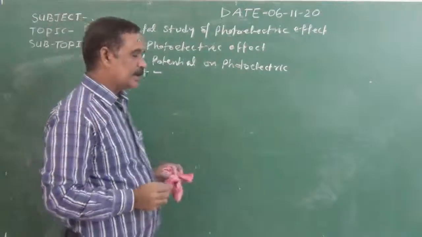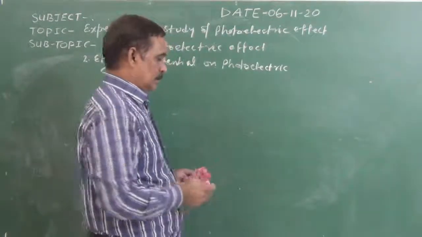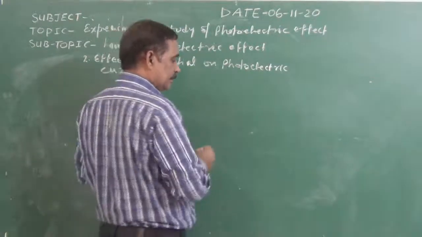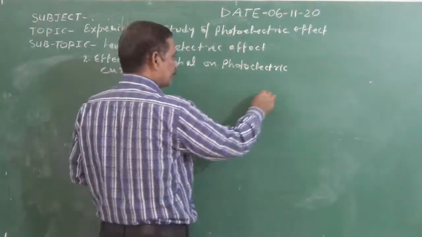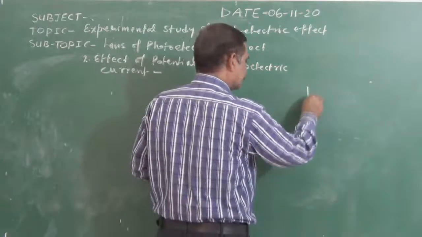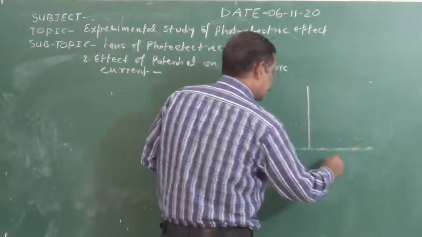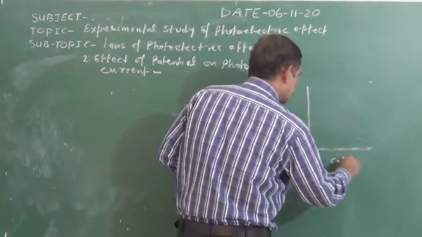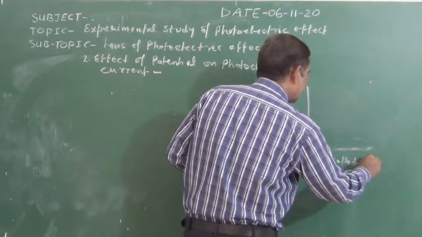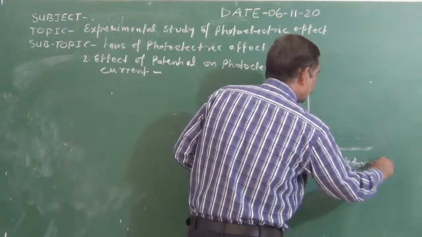First we plot the graph between intensity and collector plate potential.